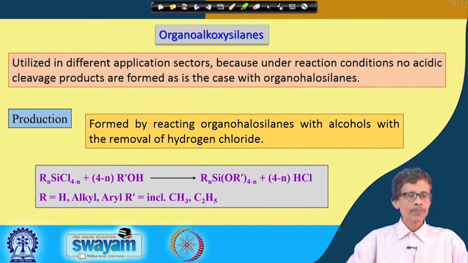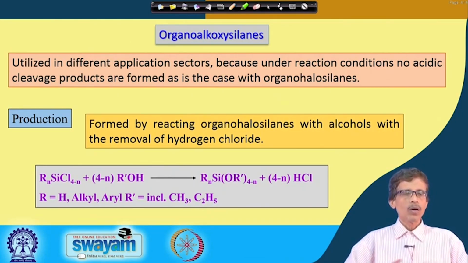Ordinarily the general formula still has R attached to the silicon center along with the halogens, your different types of organohalosilanes basically. So you try to see how the organohalosilanes can be converted to organoalkoxysilanes.